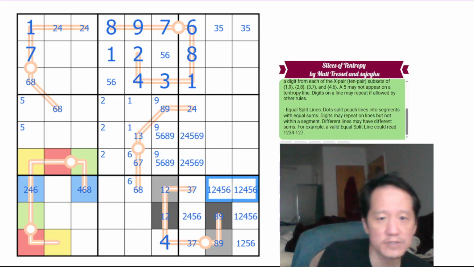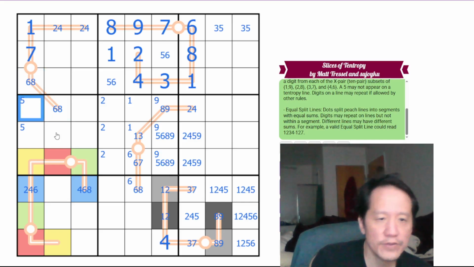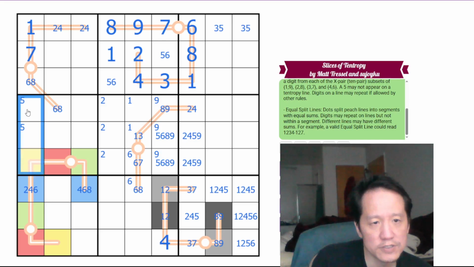So this can't be 6 or 8. This can't be 6 or 8 because of the 6, 8 pair, or the 6, 8 in the column. These digits all see the 6, 8 pair, which must be different. So therefore, none of these can be 6 or 8.